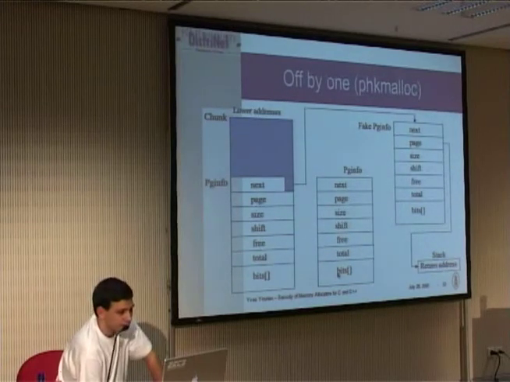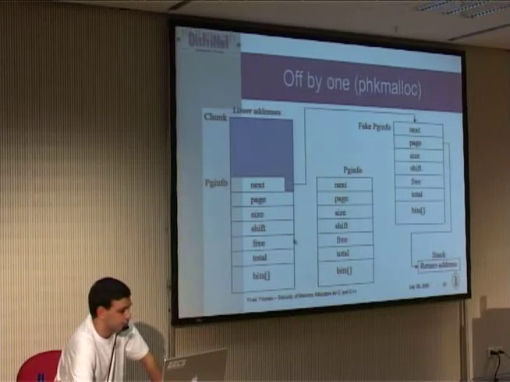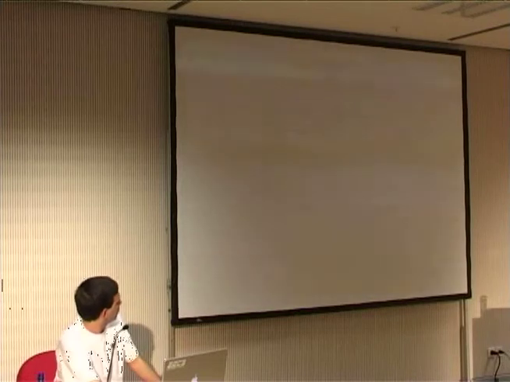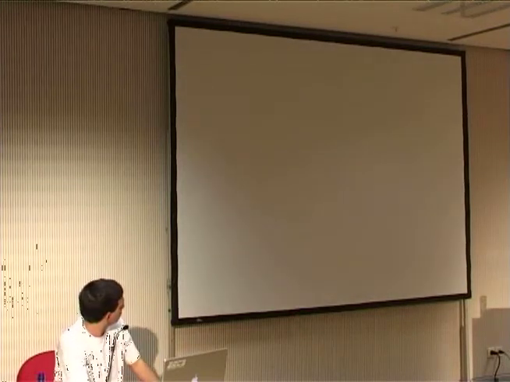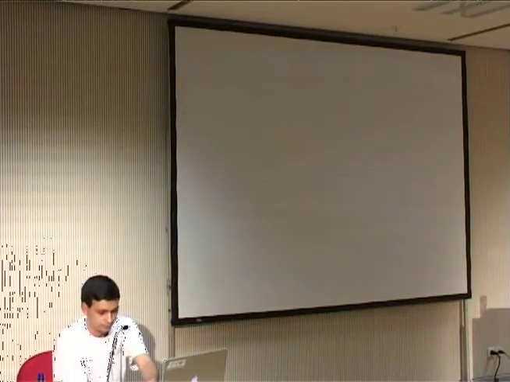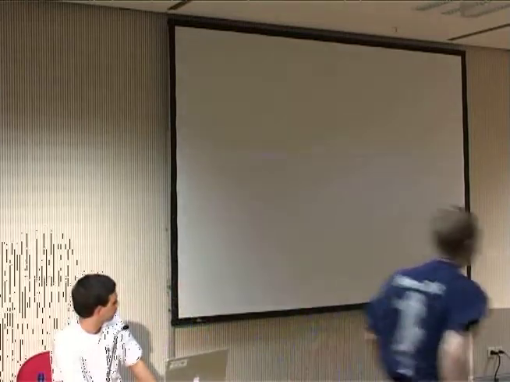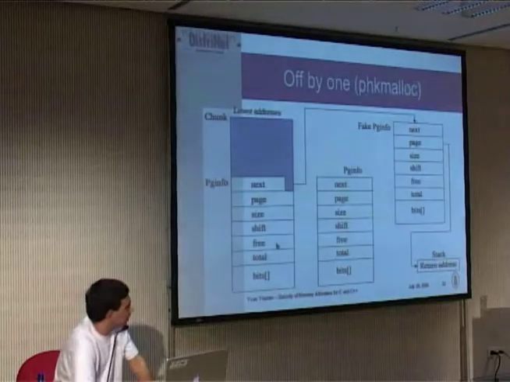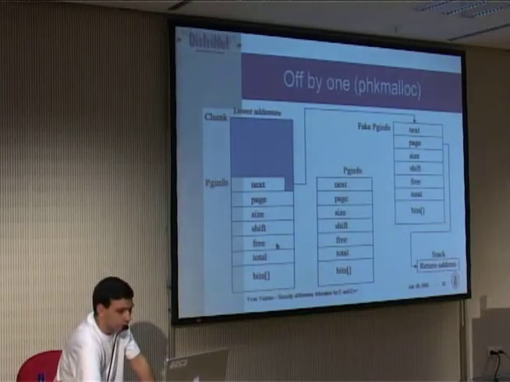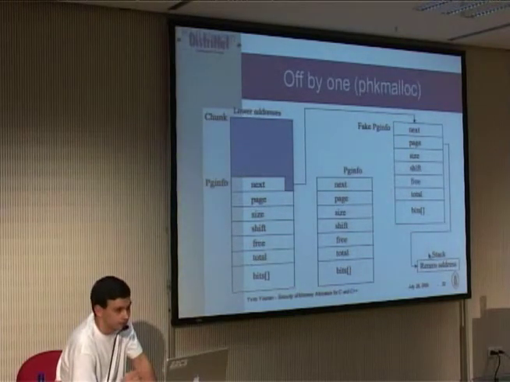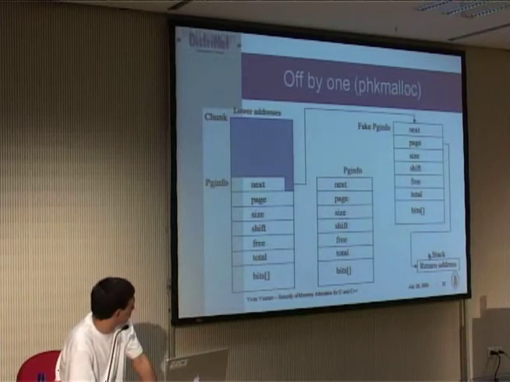And eventually, when the first PG info's page is full, the fake PG info would be used to return the return address as a target memory location.